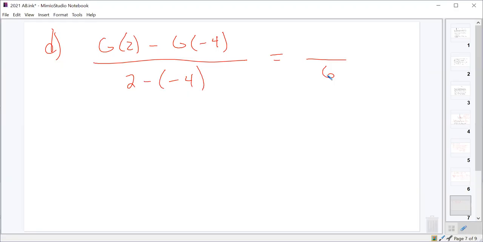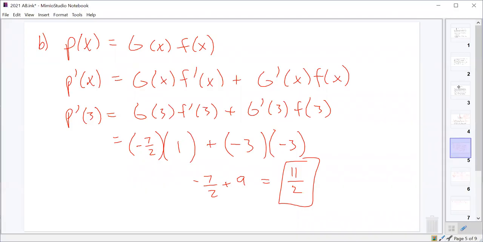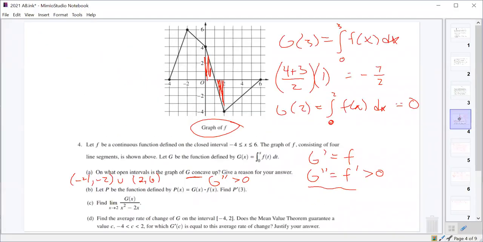What's g of 2? We already did that a second ago, right? G of 2 was 0. And g of negative 4, we're going to have to figure out what that is. I don't think we found that yet, did we?